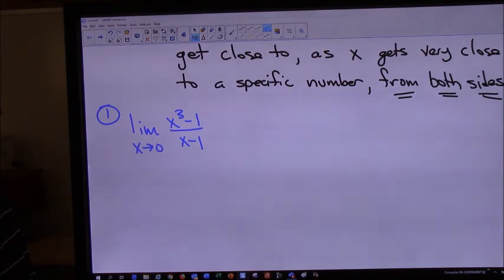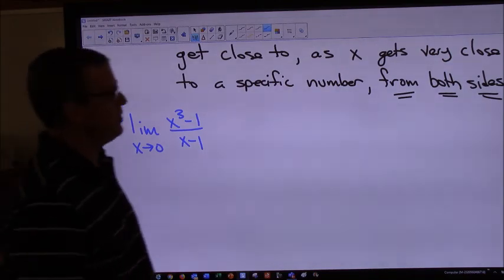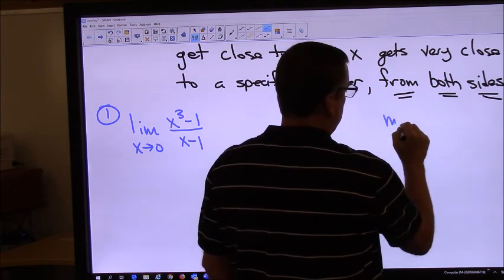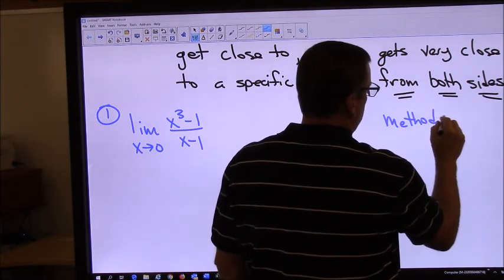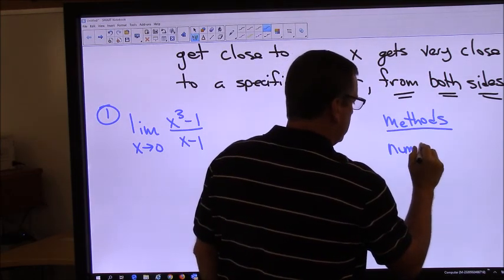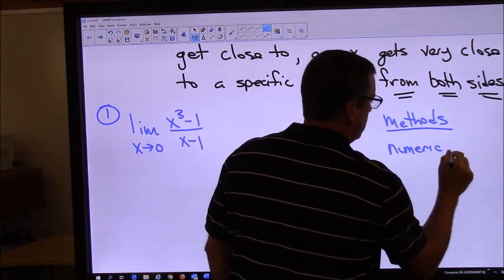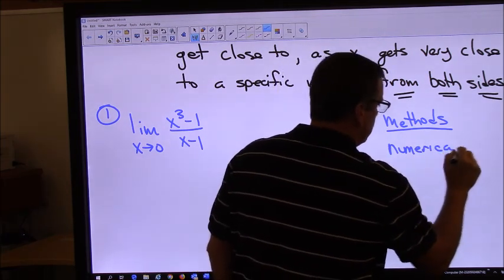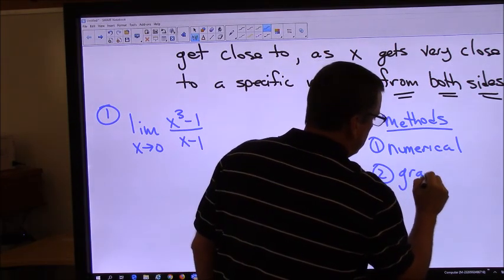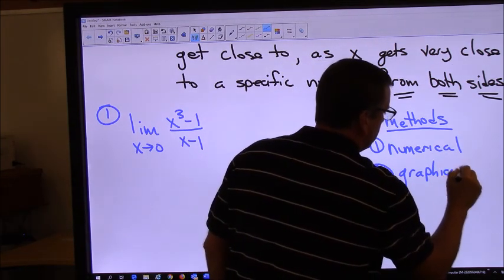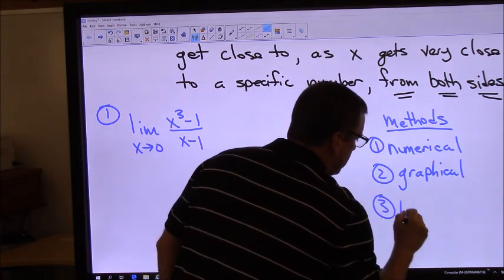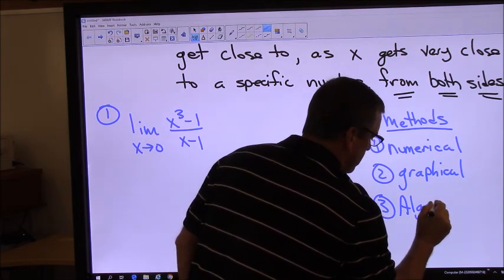And so we're going to talk about 3 different ways to do limits. I guess I'll just write methods. There's a numerical method, a graphical method, and then there's an algebraic method.